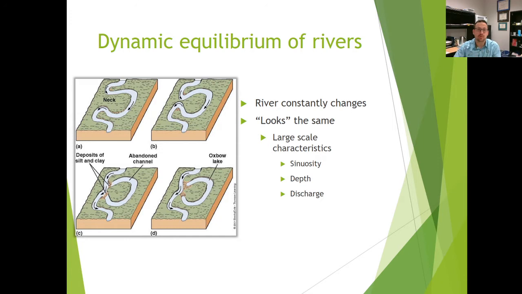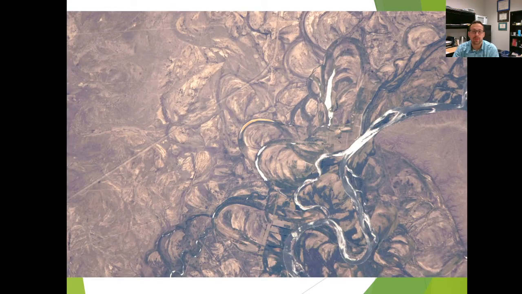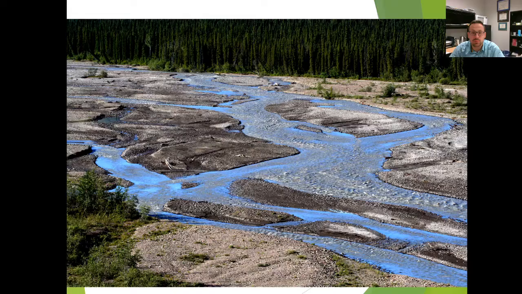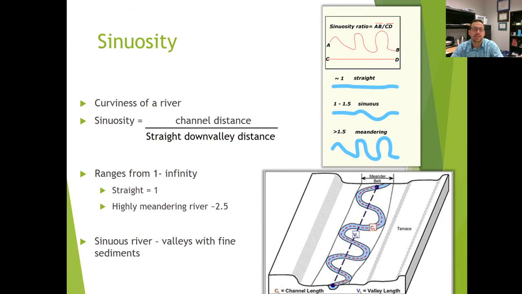Individual oxbows will form and disappear. So at an individual spot, we see the river changing. But if you were to look at a picture from space, the river is going to look the same, and look the same is referring to this sinuosity value. The river's sinuosity will be the same, but the actual path of the river will change.